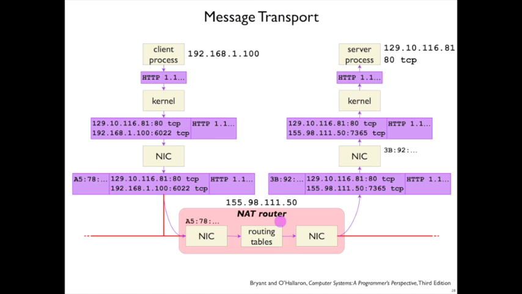The NAT router has to keep track of the fact that TCP port 7365, as it receives anything intended for that port, it has to rewrite it to a different address and port corresponding to what things look like on the home side. So that's a small example of the kinds of things that routers do to bridge networks and have different internal and external views of addresses.